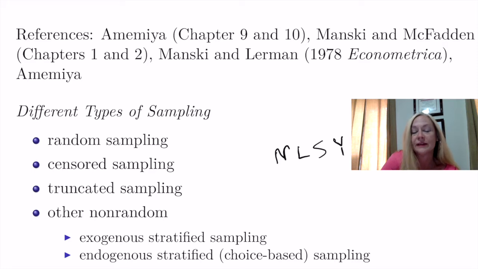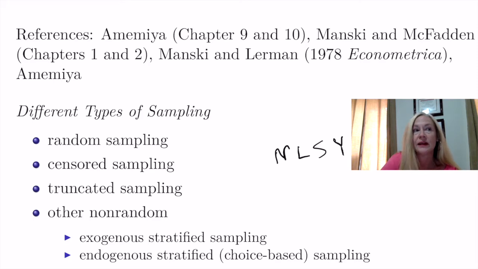Or the NLSY, which is a good survey to get to know. That's the National Longitudinal Survey of Youth, and they oversample minorities, right? The purpose of oversampling is really two reasons. One, you might want to just have more observations on a certain group, but the other reason sometimes is cost.